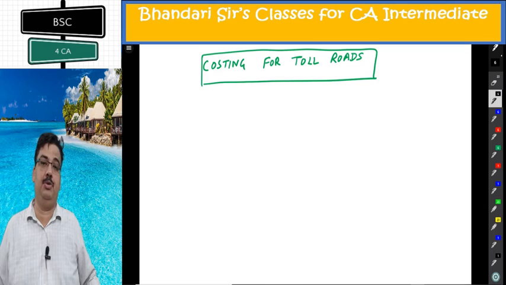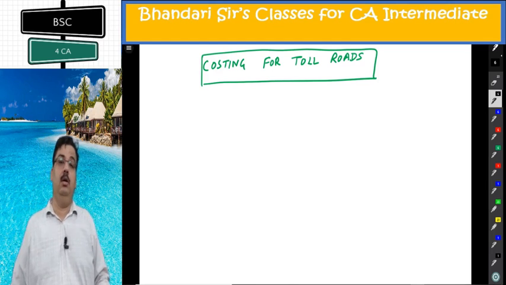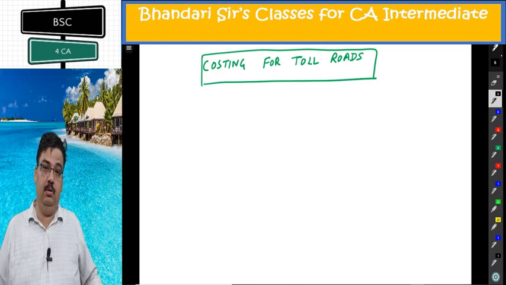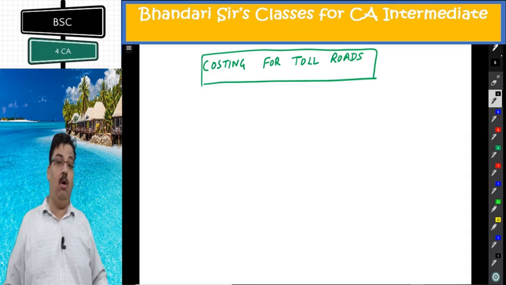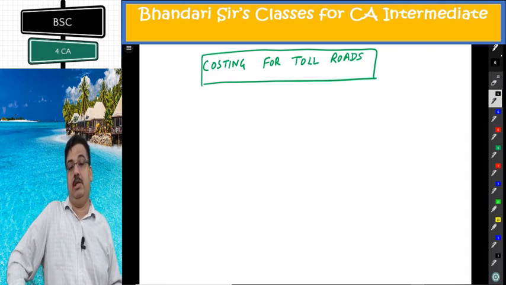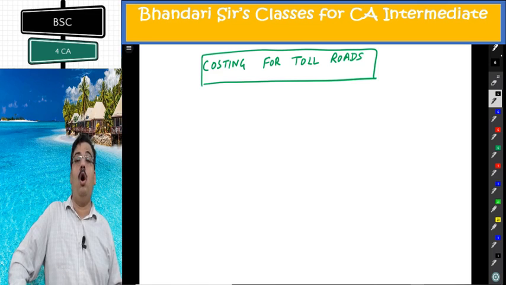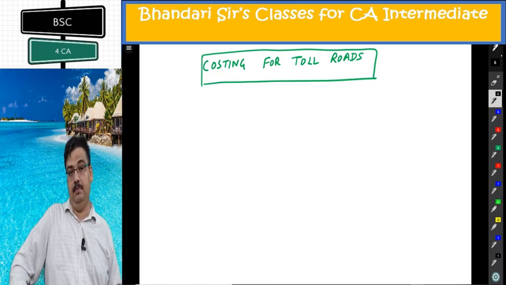Next service industry we are talking is toll roads. You can find in all over the country there are roads on which there are toll taxes being charged. Most of them are on PPP basis, public-private partnership basis, or BOT basis, build, own and transfer basis.